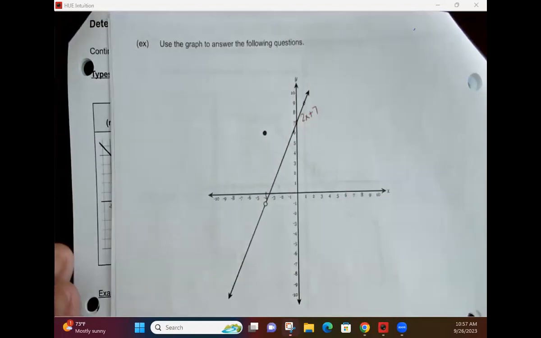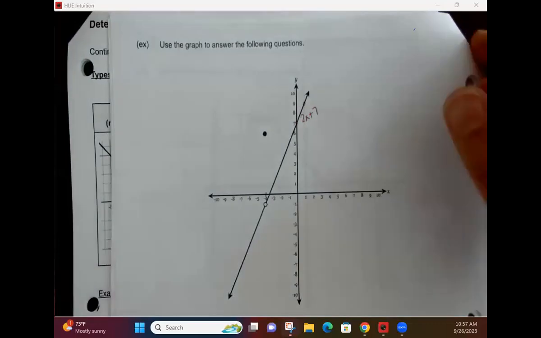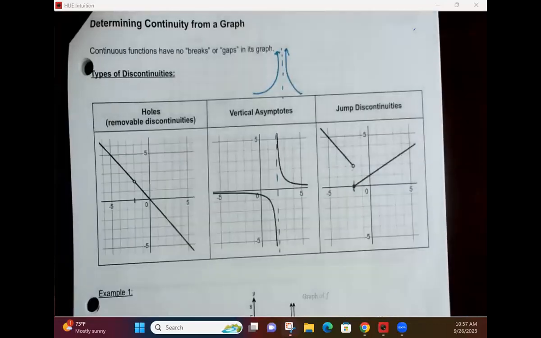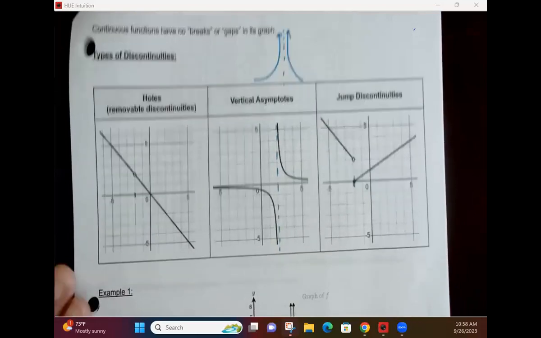If I have basically a point to fill in for that hole, we're going to call that a jump. So these are the three types of discontinuities we're going to see for today. We're going to practice identifying where we have discontinuities on our graph and then naming them. Is this an asymptote? Is it a hole? Is it a jump? And then we're also going to practice domain a little bit again.